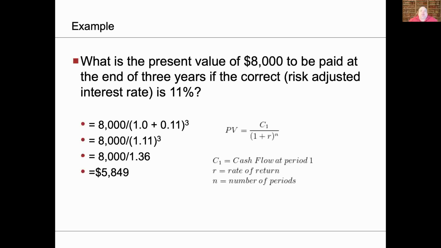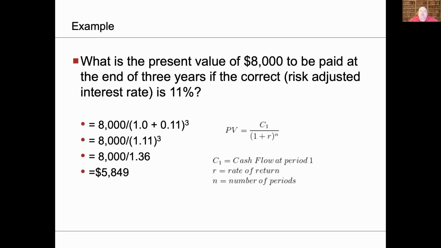Well, here in this version of the formula, C1 is your cash flow at period 1, R is your discount rate, and N is the number of periods over which we're going to be discounting. Here, 3 years. So our numerator would be 8,000.